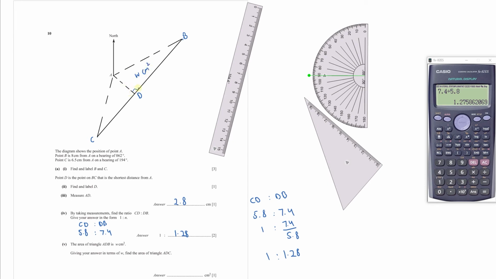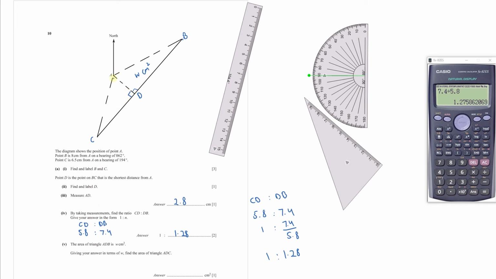So if this angle is 90 degrees and this is a straight line, this angle is also 90 degrees, right? So if you want to find the area of this triangle in terms of W, you need one of the lengths of this triangle in terms of W as well.